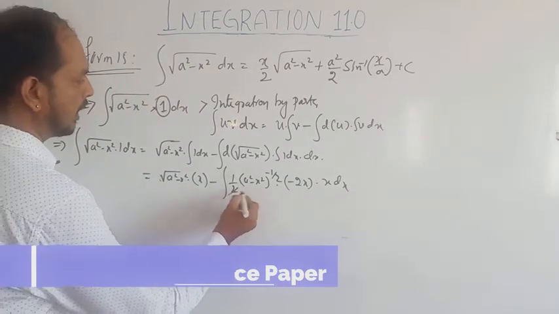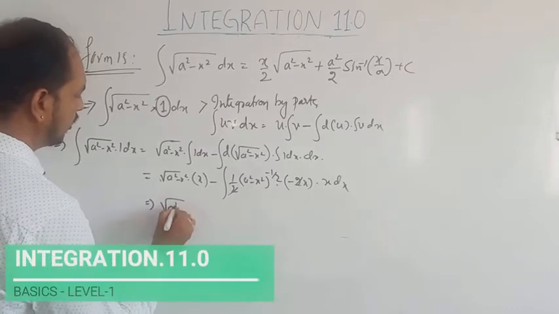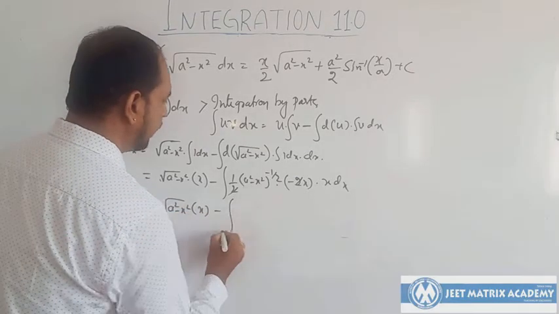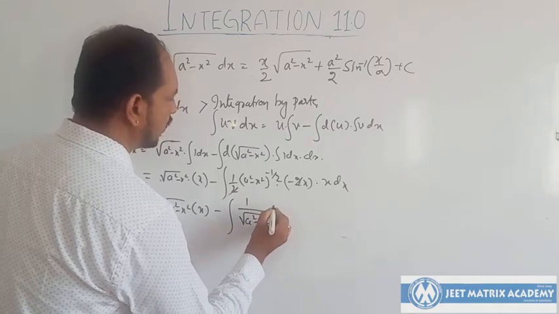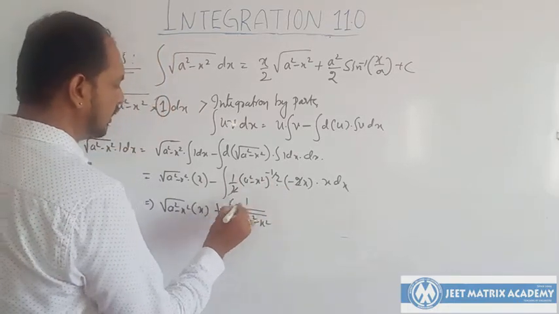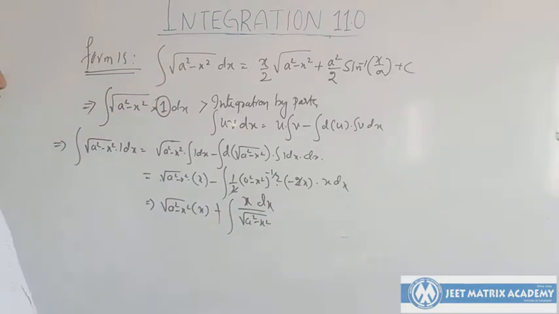Now this 2 gets cancelled with this 2, so left out is integration of x into 1 by root of a square minus x square. This minus I am taking outside, this is plus, so this will be x dx. Am I right?